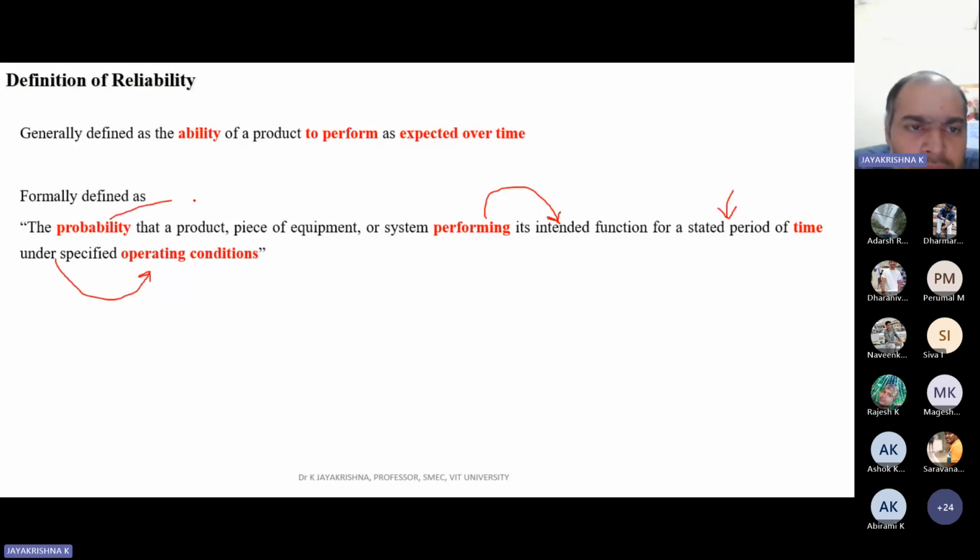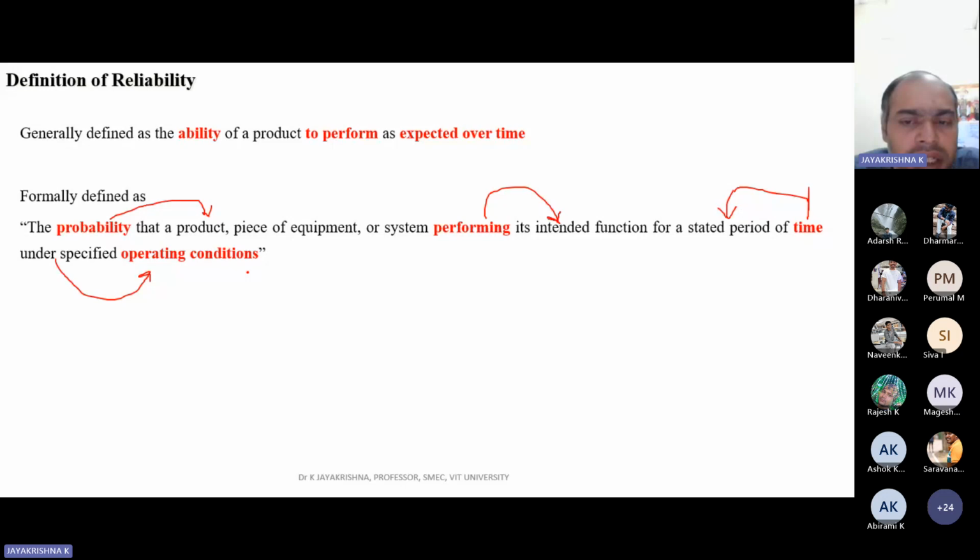So the probability of the product or piece of equipment performing its intended function for the stated period of time under the specified operating conditions is what we call reliability. So please note this definition of reliability. Hope you understand what the definition of reliability is.